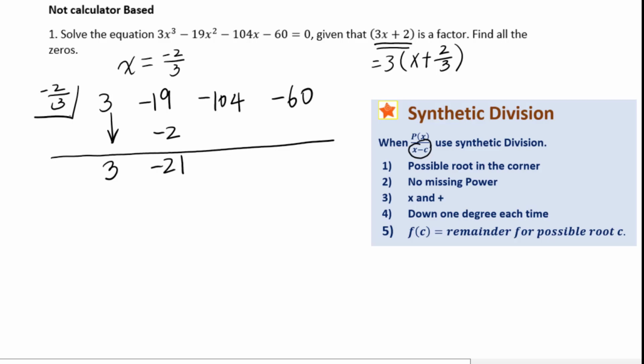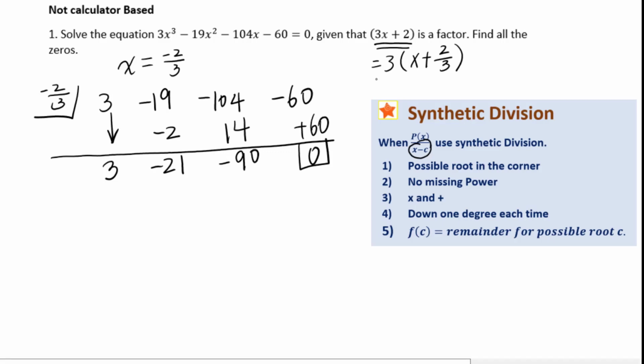Divided by 3, negative 7 times negative 2 is a positive 14, adding negative 90. Divided by 3, negative 30 times negative 2 is a positive 60, get 0.